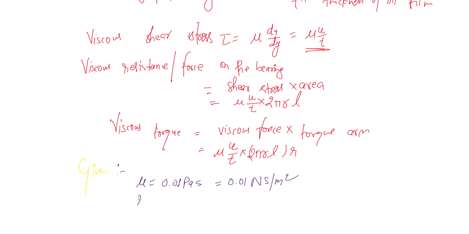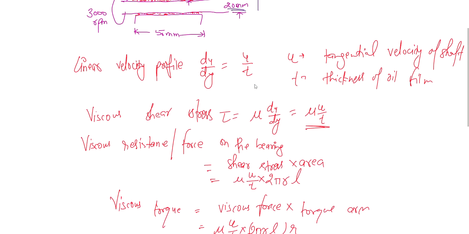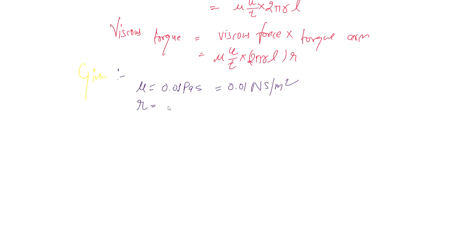And r: the diameter is 20 mm, so r is 10 mm, so it is 0.01 m.